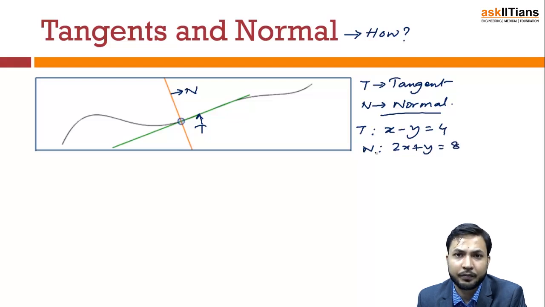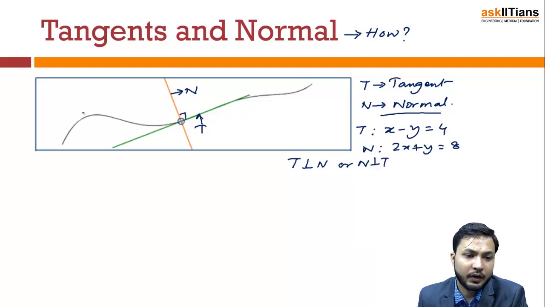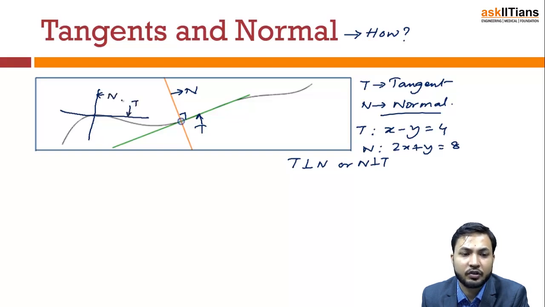The interesting thing to know is that T is perpendicular to N, or N is perpendicular to T, so both of them will always make 90 degrees. If this tangent was somewhere over here like this, then my normal would have been like this. So this is a basic understanding of tangents and normals.